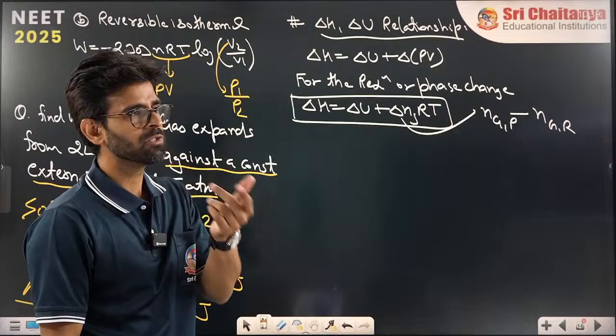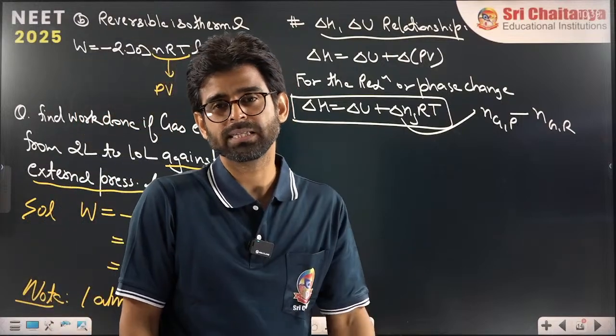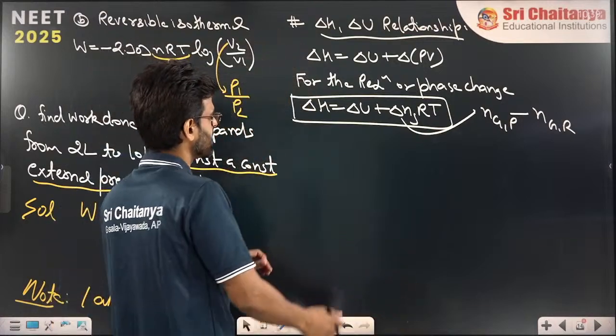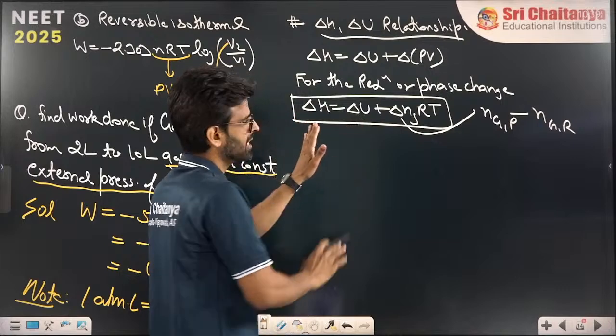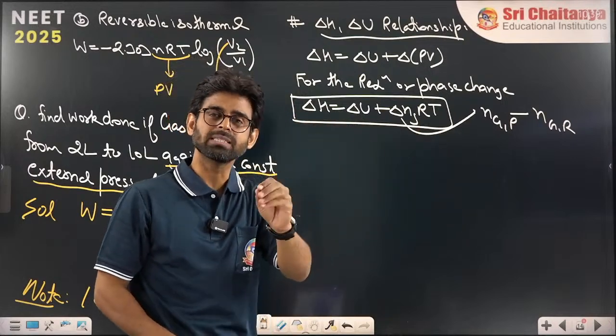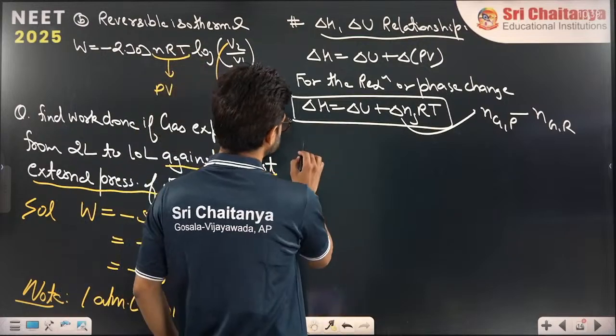Right? They can ask numericals from here also, and they can ask questions like which of these is higher or lower. When the question is which one is higher, delta H or delta U, then please don't look at the sign even. Just go this way.